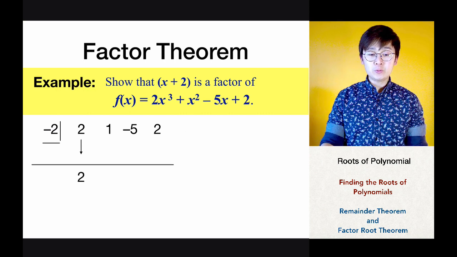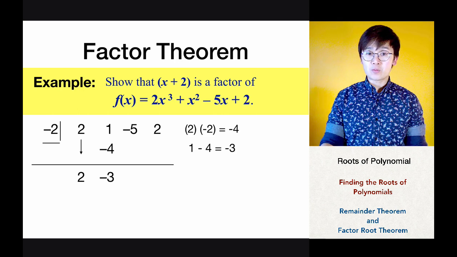Bringing down 2 and multiplying with negative 2, we'll have negative 4. Combining it with the second term, which is 1, will give us negative 3. Then negative 3 multiplied by negative 2 is positive 6, and combining them will give us 4. Multiplying it again with our divisor will give us a remainder of 0.